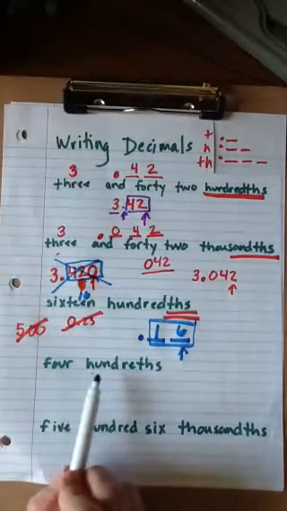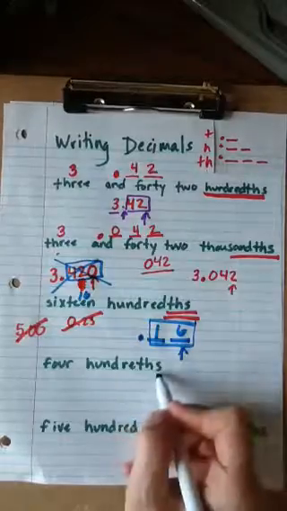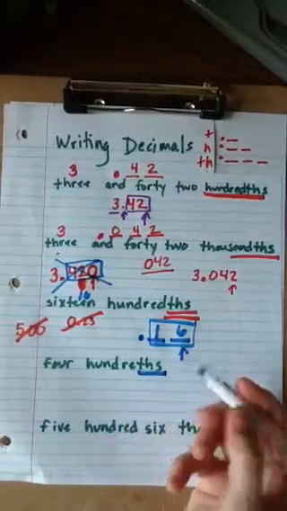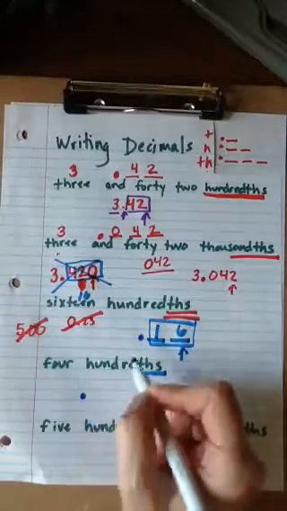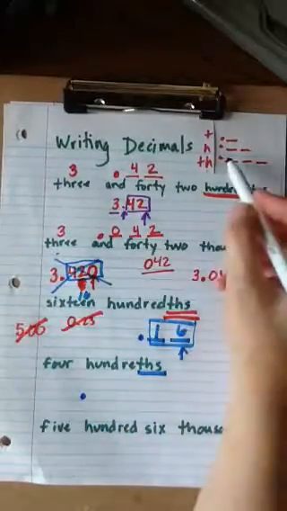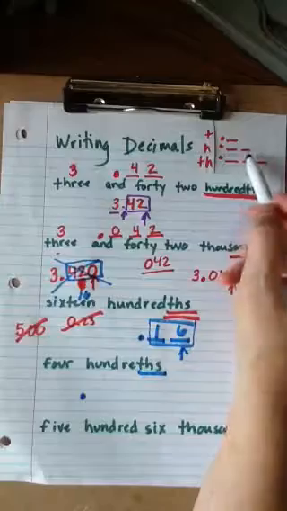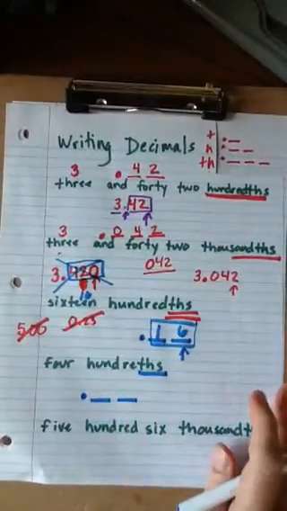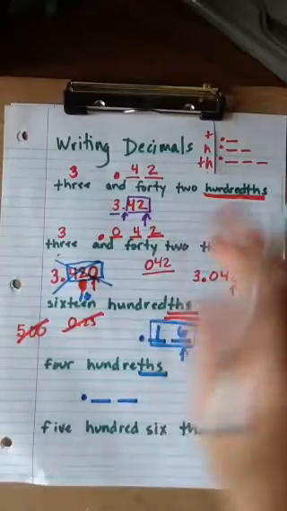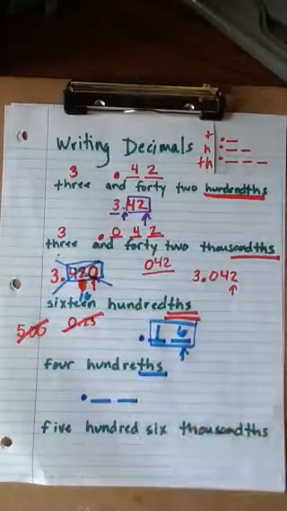All right, let's go to 4 hundredths. I know it's a decimal because of the TH. So I'm going to make my decimal, and how many spaces am I going to go out? Oh, I can't remember. Oh, let me go to my chart. Right, 2 spaces. And yes, ideally, you're not going to need the chart anymore.